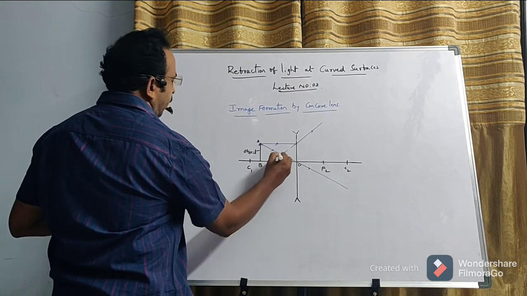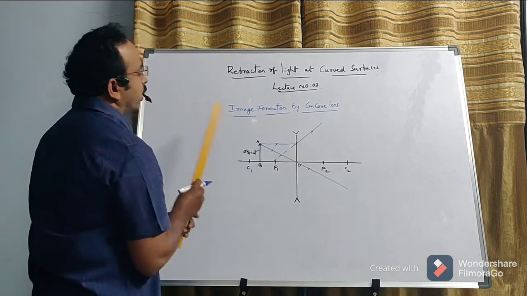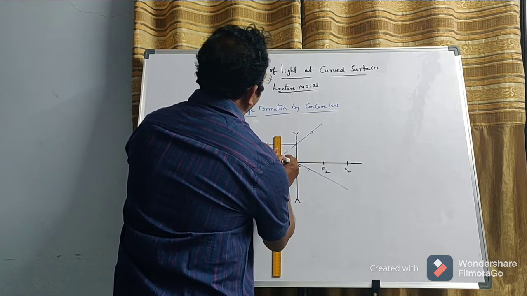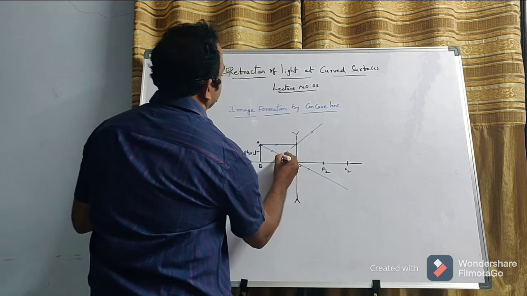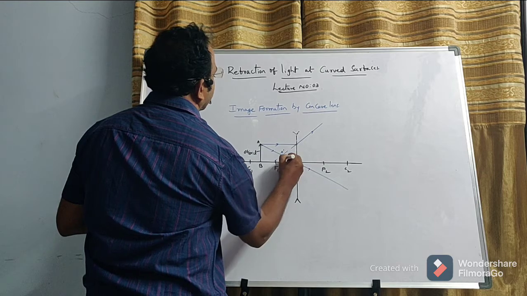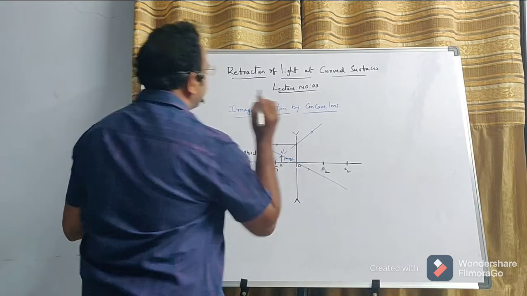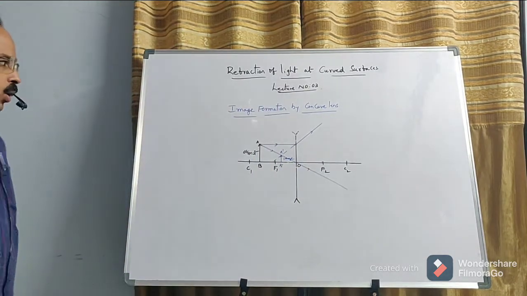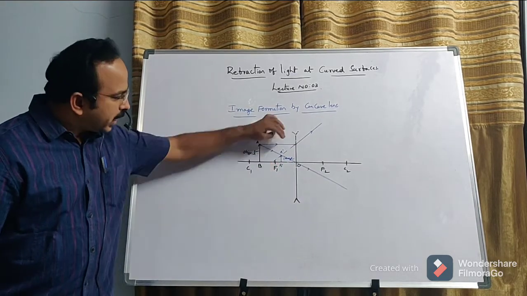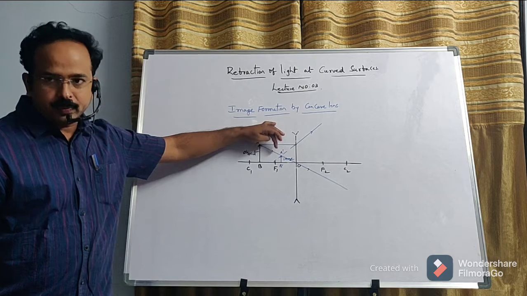So these two light rays are meeting at this point, and draw one line like this. Here the image will be formed. This is called the image, A dash and B dash. Remember very well that we got this image by extending the light rays backward.